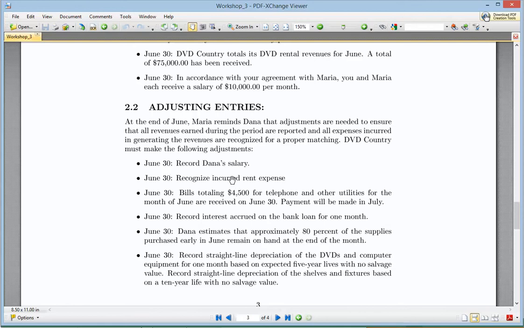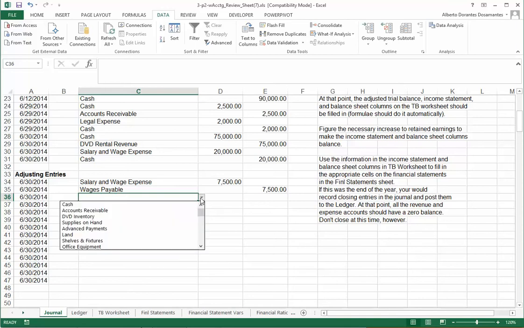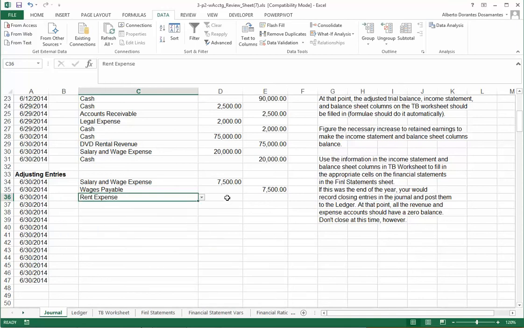It says recognize incurred rent expense. As we have seen before, we had paid the rent in advance. Now we have to recognize that we already used that resource. What we have to do here is select the rent expense, type 15,000, and then select advanced payment.